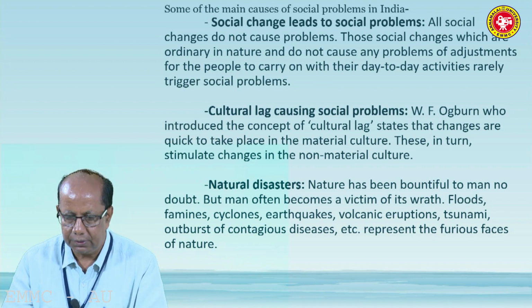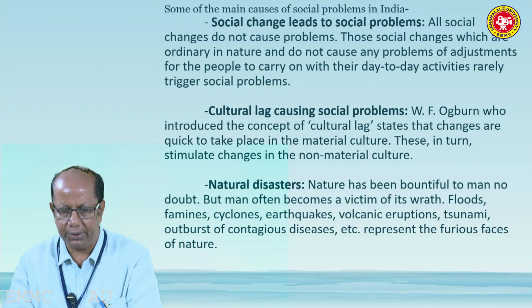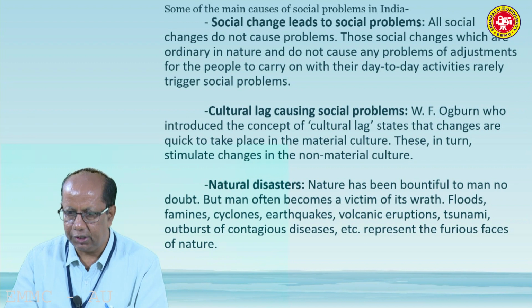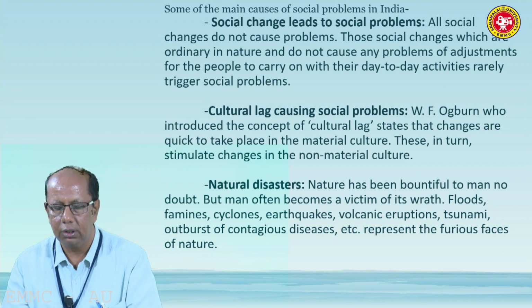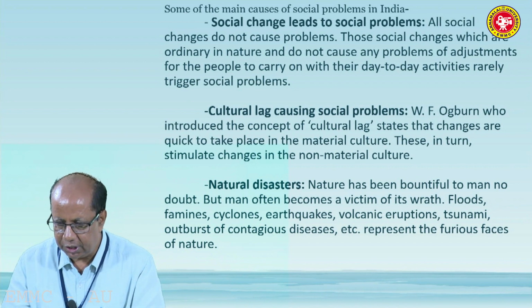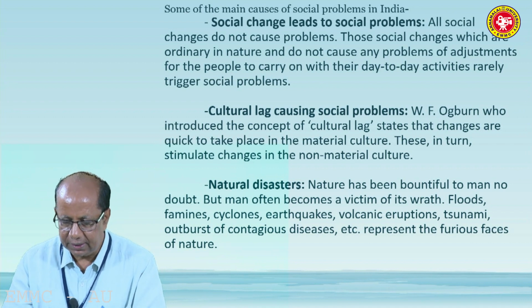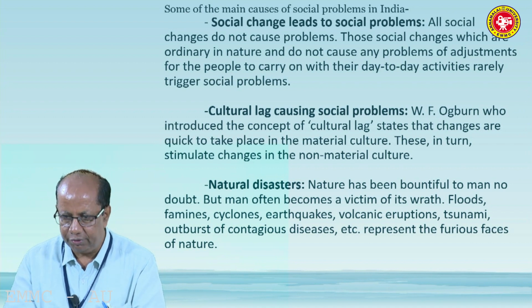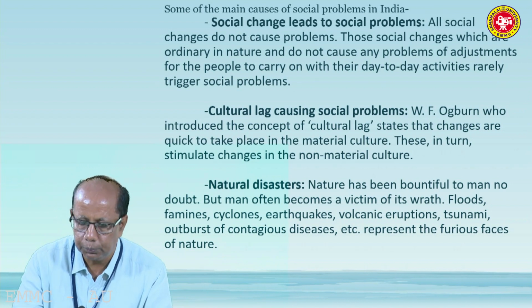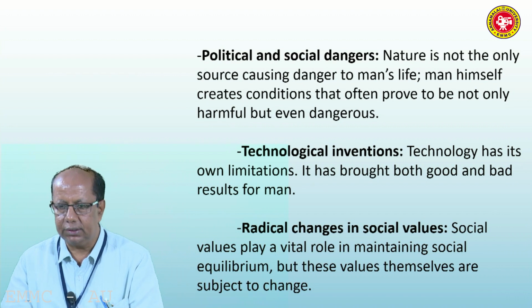Natural disasters. Nature has been bountiful to man, no doubt, but man often becomes a victim of its wrath. Floods, famines, cyclones, earthquakes, volcanic eruptions, tsunami, outbursts of contagious diseases, etc., represent the furious phases of nature. Political and social dangers.